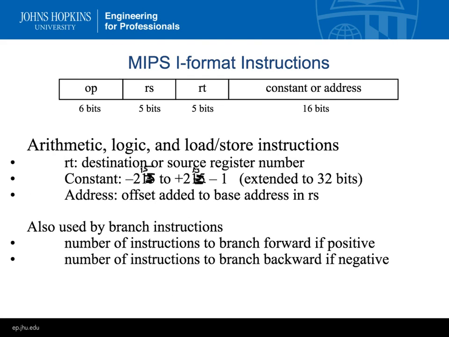Immediate instructions, or I format, can have 2 registers and an actual value. And that value can be up to 16 bits. So its value can be from -2 to the 15th to 2 to the 15th. And we'll look at the different kinds of instructions that can be used in immediate format. So one immediate format arithmetic instruction is add-I.